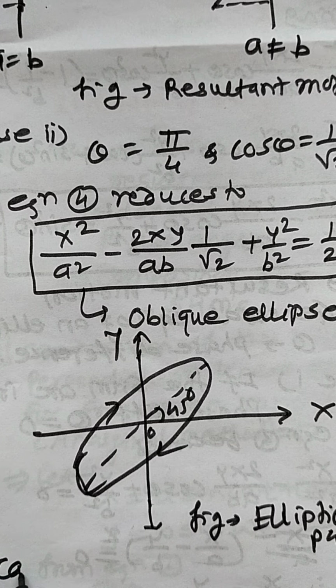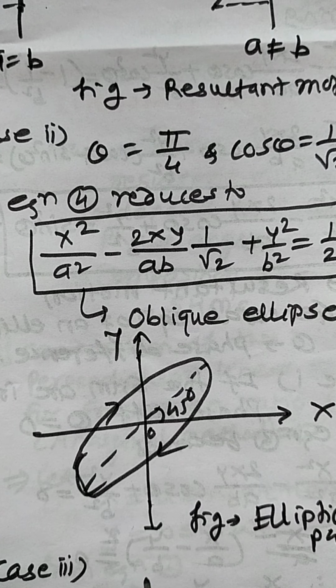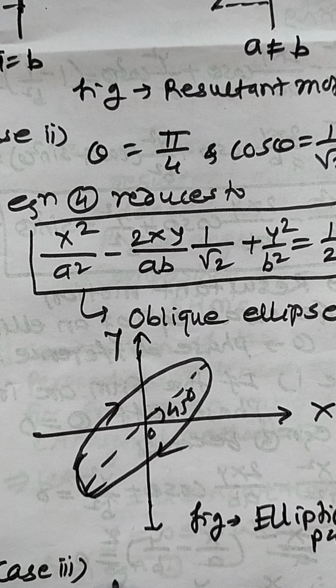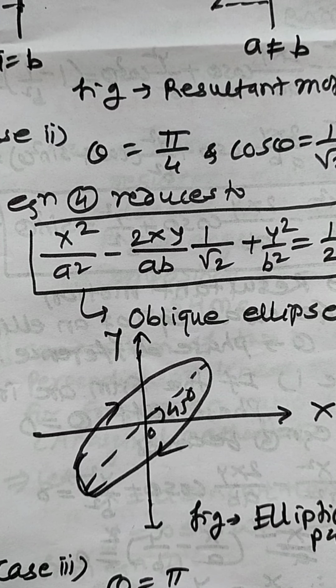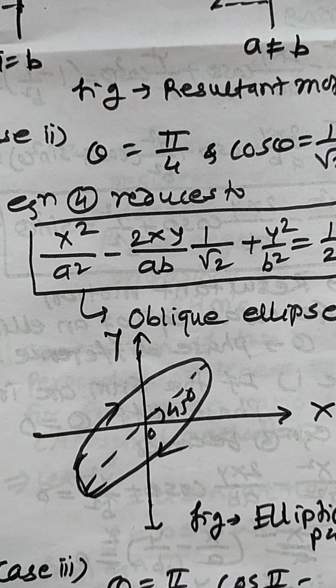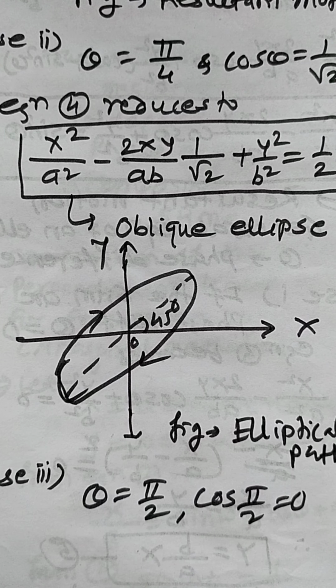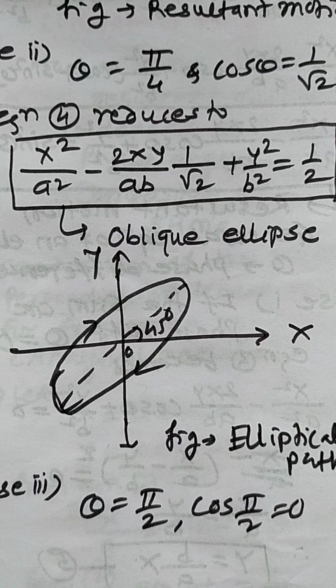Then the third case, if the phase difference theta is equal to pi by 2, so therefore cos of pi by 2 is equal to 0.